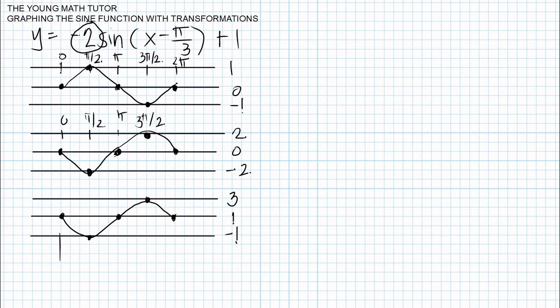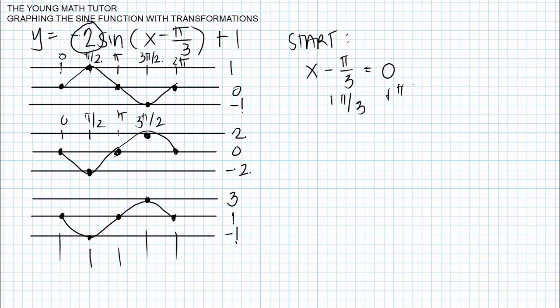And then what we have to do now is look for the value of x, where it will start and where it will end. Now that's x minus pi over 3 equal to 0. So that's plus pi over 3 on both ends, and x will be equal to pi over 3.